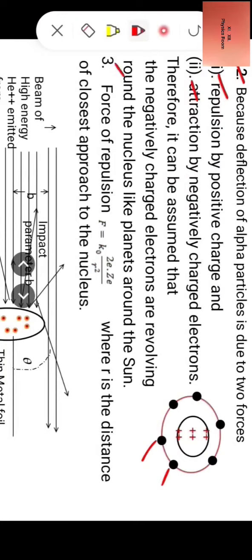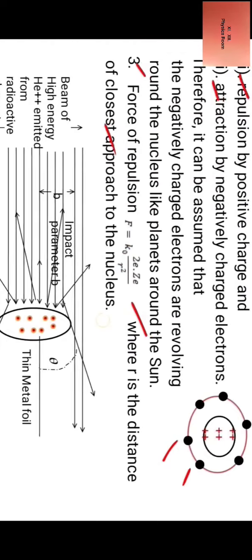Now, third, force of repulsion F is given by Coulomb's law, which can be expressed as F is equal to K times 2e into Ze divided by r square, where r is the distance of closest approach to the nucleus.